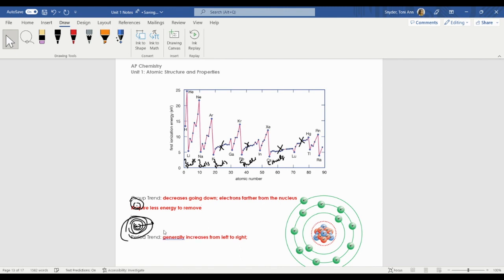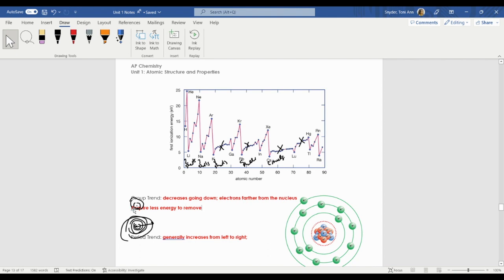You might also see, I think in the I do, we do, you do, there's some talk about shielding in there. This is also true, but I don't always like to use that word, the S word, because then everybody uses the S word for everything, right? So not going to use that. I like to say electrons farther from the nucleus require less energy to remove, and that's because of added shells, right?